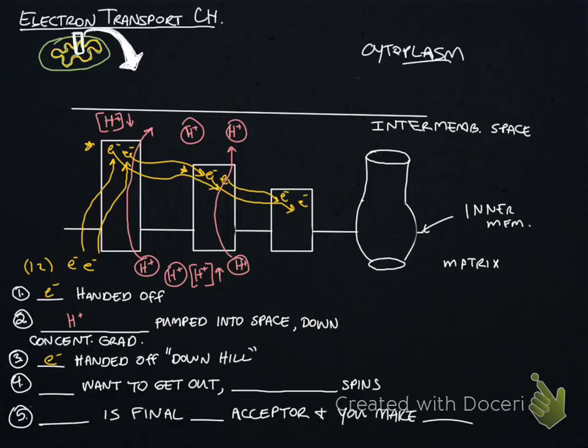We continue to pump in protons until we have a higher concentration of protons, and they want to get back out. So when these protons want to get back out, we have this specialized protein called ATP synthase.